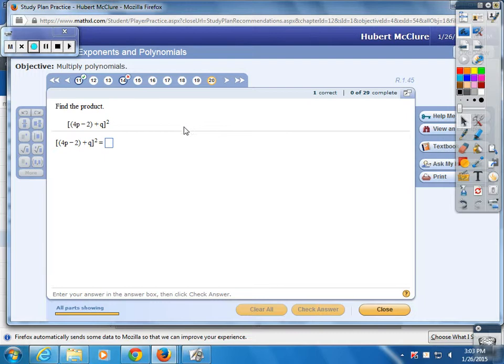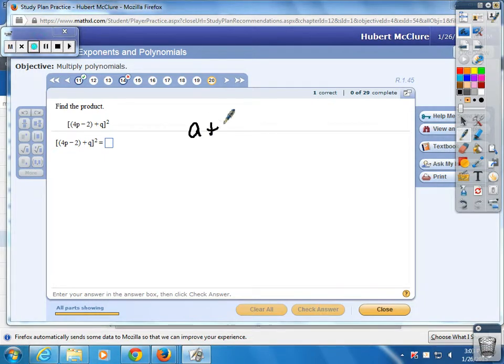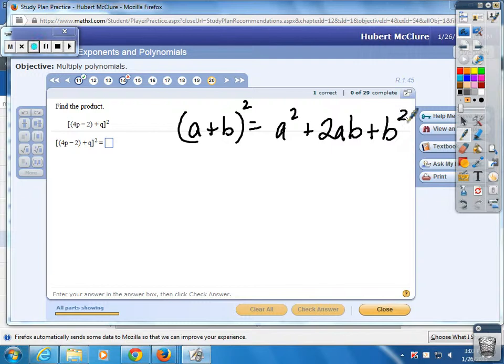A plus B, quantity squared, is equal to A squared plus 2AB plus B squared. So let's just do this.